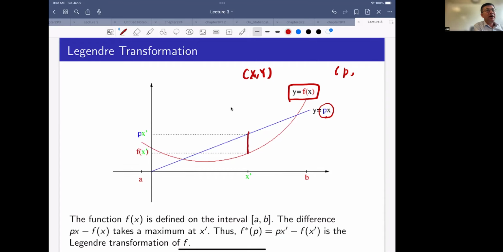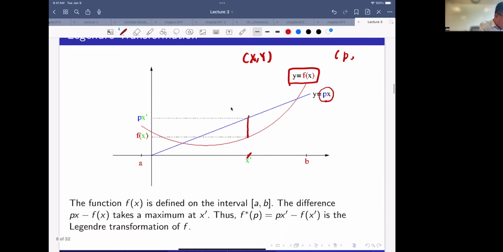So at x star, this is the value of the intercept: the difference between the line and the original function is maximized at x prime.